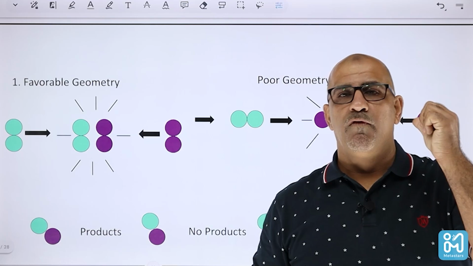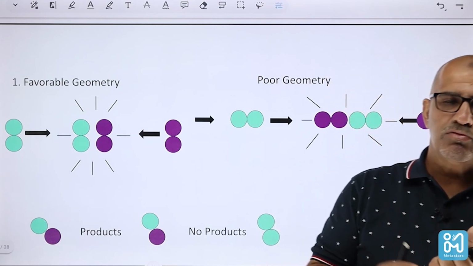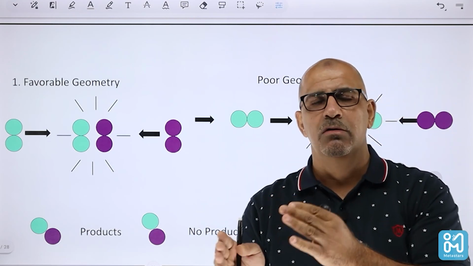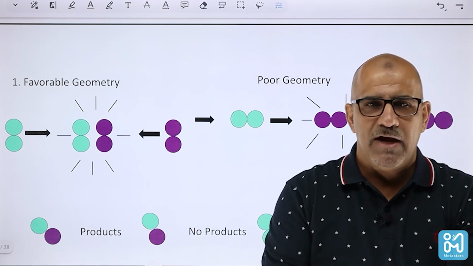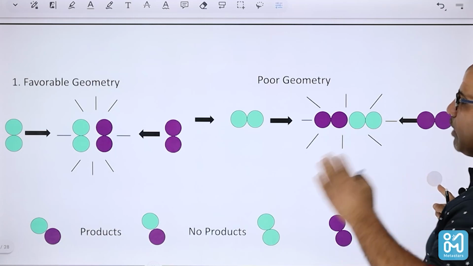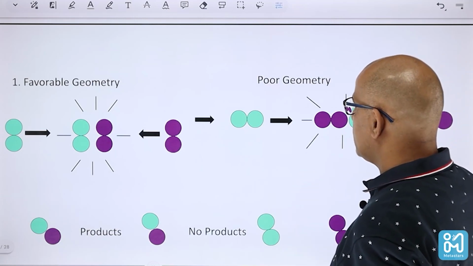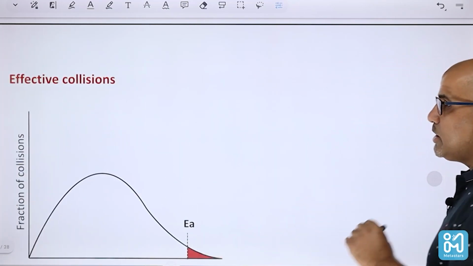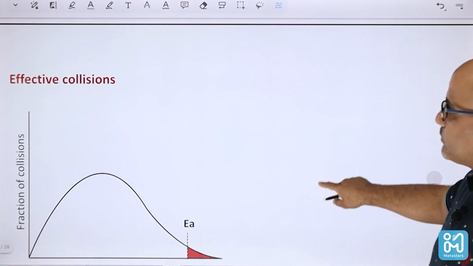So again, for successful collisions, we need two things. The first one is a specific amount of energy, and we should know that this amount of energy equals the activation energy or higher. So we will change the rate by increasing or decreasing the energy of the particles or the amount of particles.